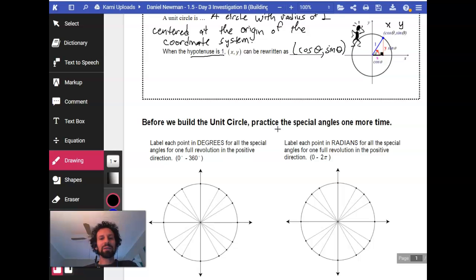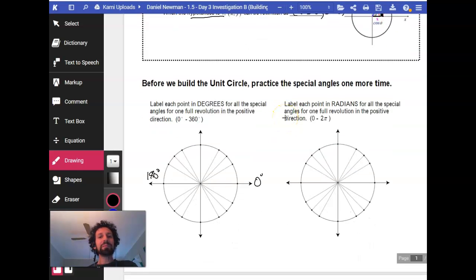Let's go around and label the unit circle using degrees. So we'll start here at 0 degrees. Halfway around the circle is 180. Half of 180 is 90 degrees.